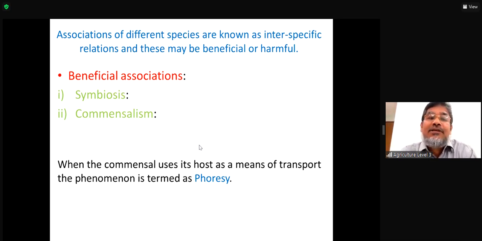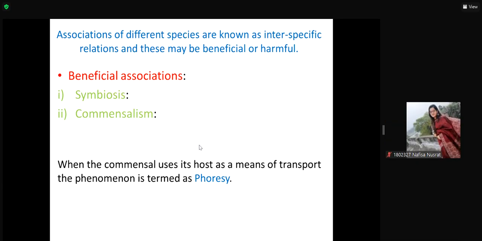There are some harmful associations also. What is commensalism? Commensalism is when one is benefited by living on or inside another insect, without injuring the other. Both are not benefited here. One is benefited, the other is the host, but that host is not affected. This type of relationship is called commensalism.